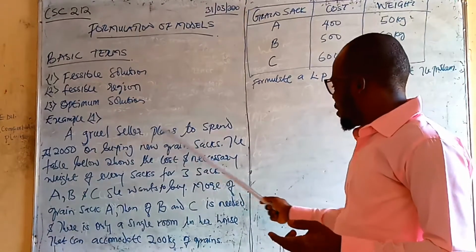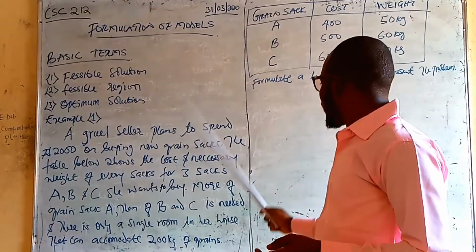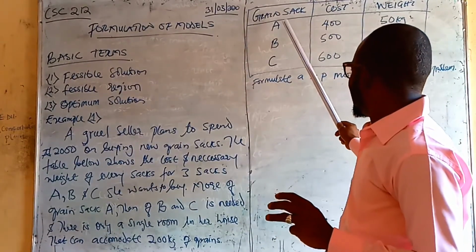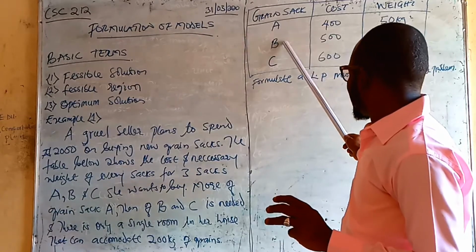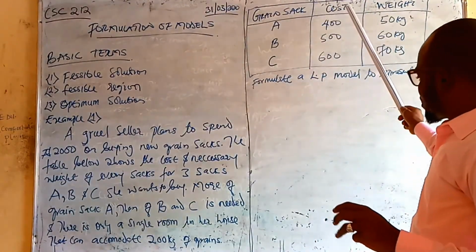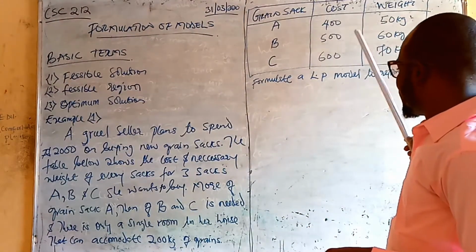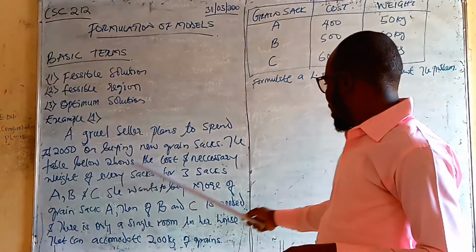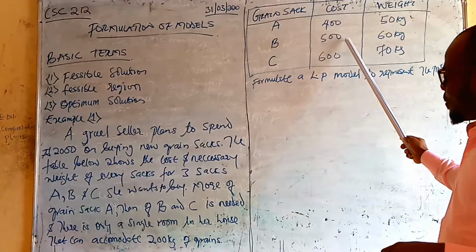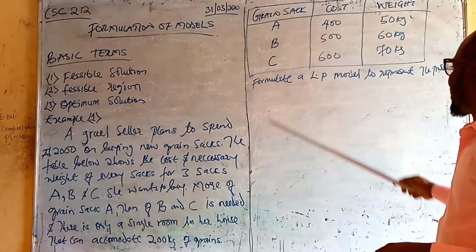As stated in the problem, we have 3 sacks: grain sack A, grain sack B, and grain sack C. The cost of the grain sacks is as follows: sack A is 400, sack B is 500, and sack C is 600.